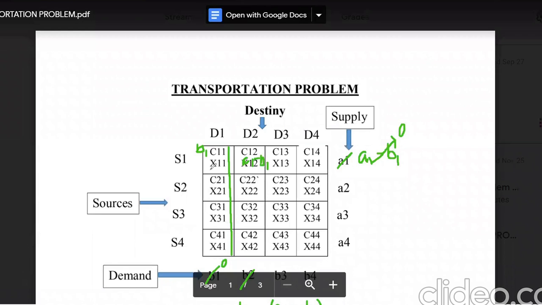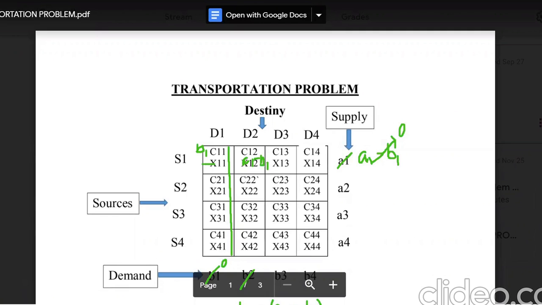Okay, let's see. In the very first step, we started from the first cell, that is the northwest corner cell, this one here. We have allocated the minimum of A1 and B1.